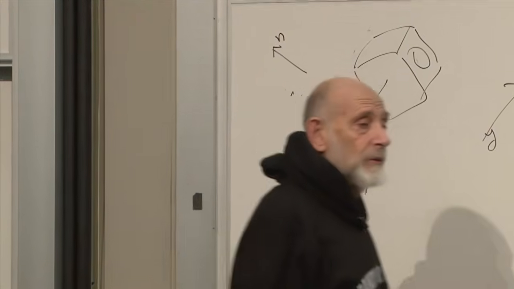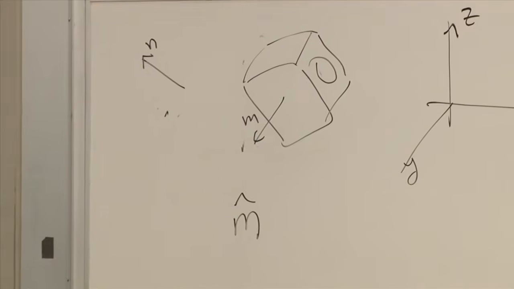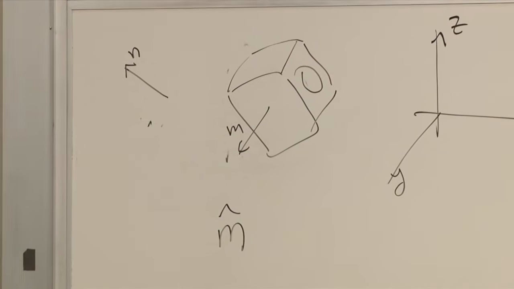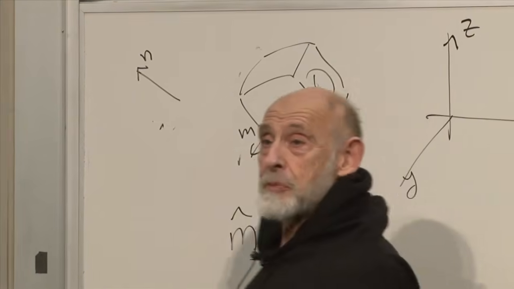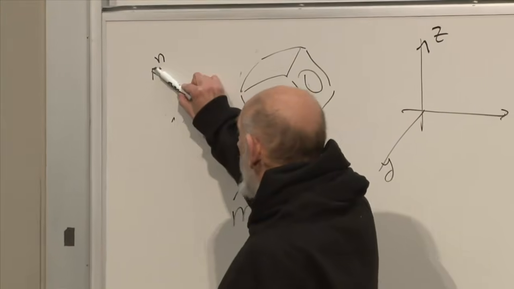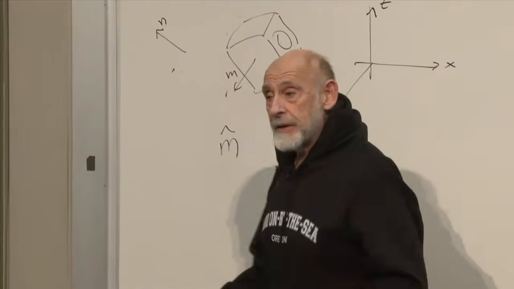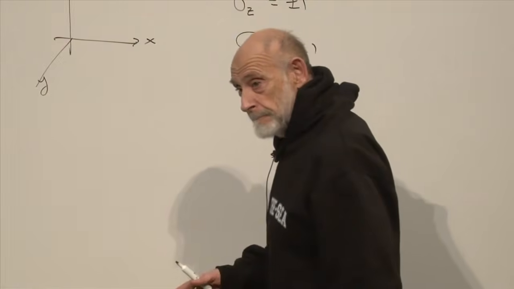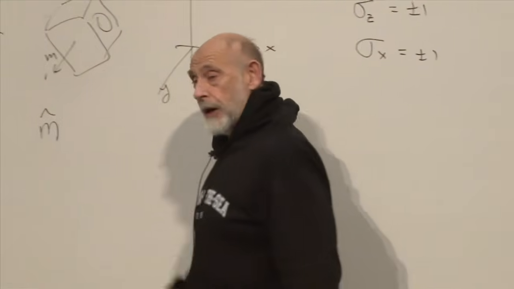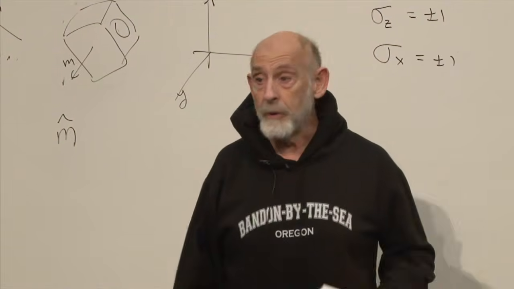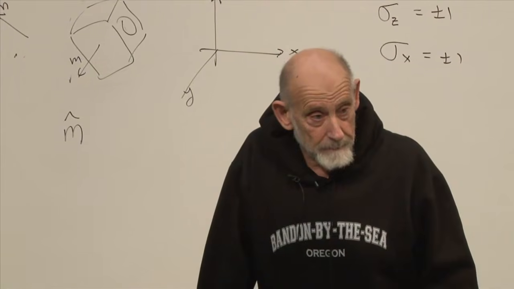How do we do that? Well, I should have gone a little slower. We start with the detector along the n-axis. Do an experiment and discover that along the n-axis, the spin comes up +1. Then we rotate the apparatus into the m direction, and we do another experiment on the same spin.